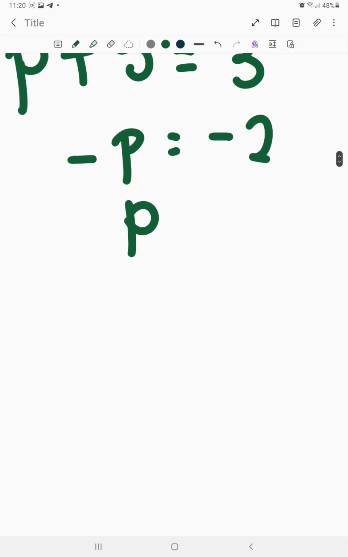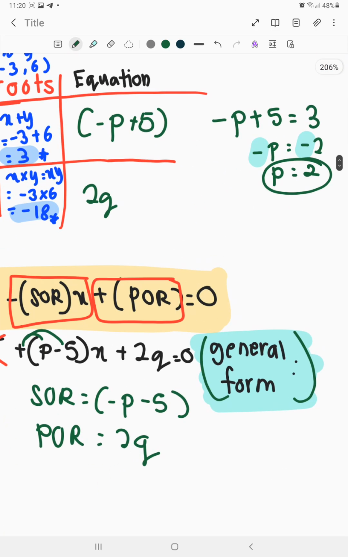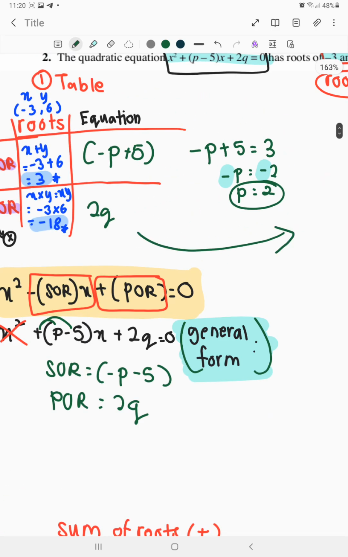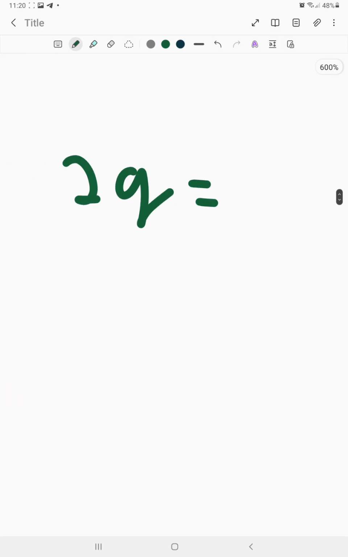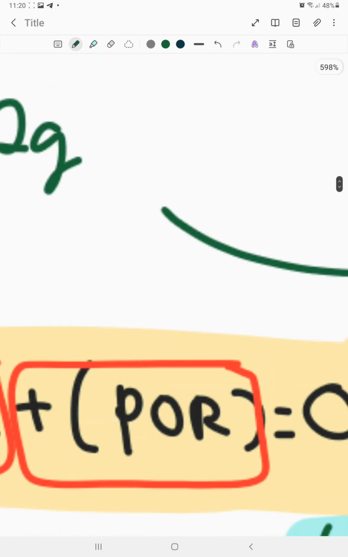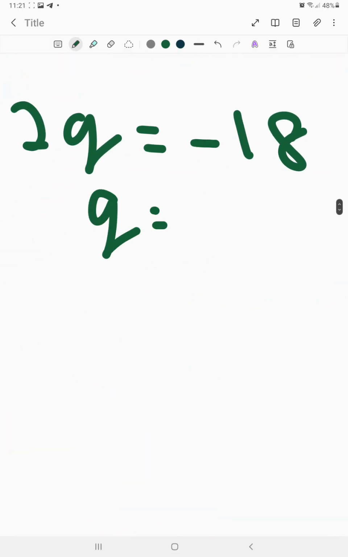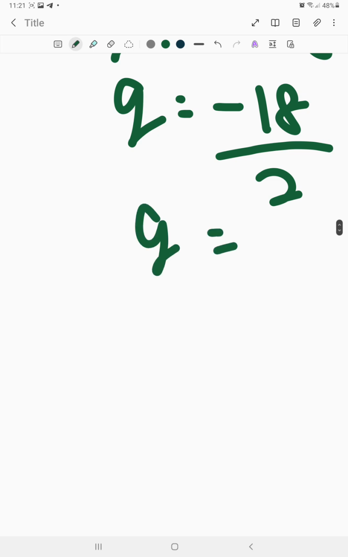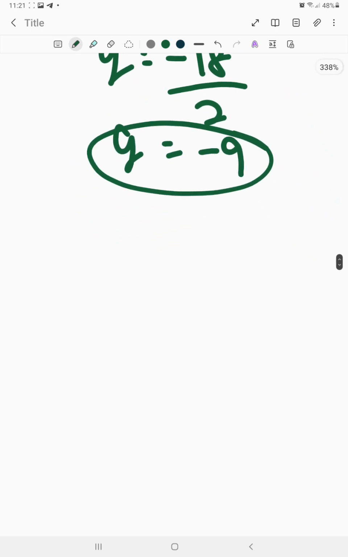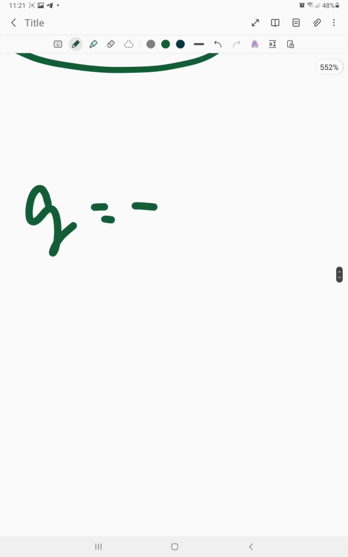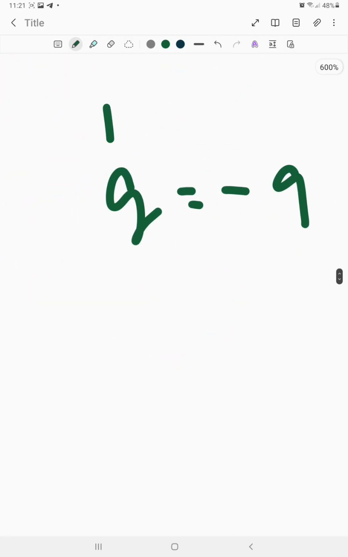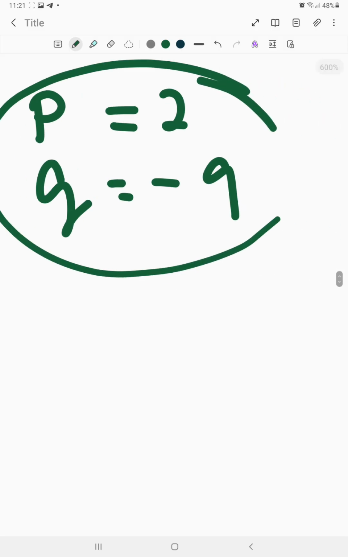So we get p equals 2. And for this one, we get 2q equals negative 18. Q equals negative 18 divided by 2, which is negative 9. The answer will be q equals negative 9, and p equals 2.